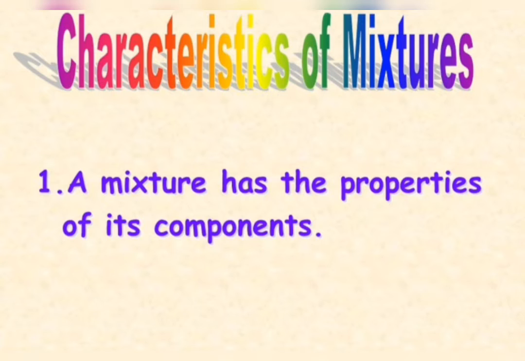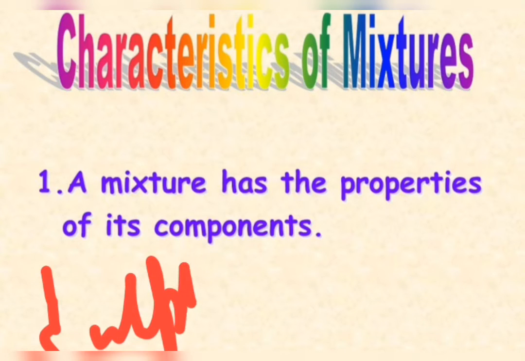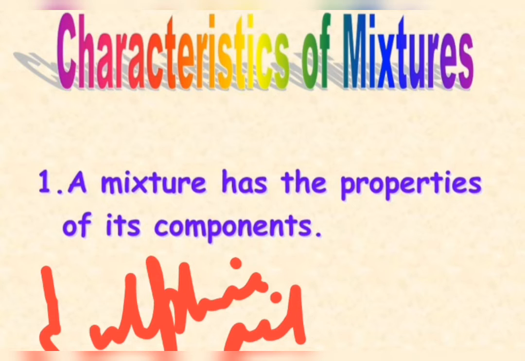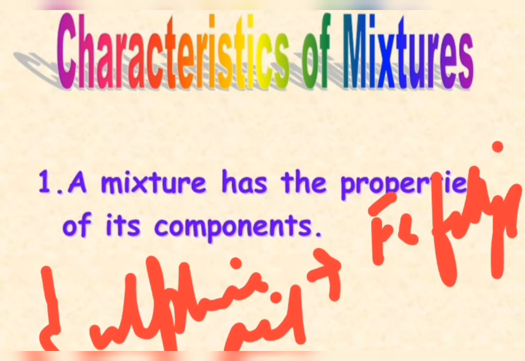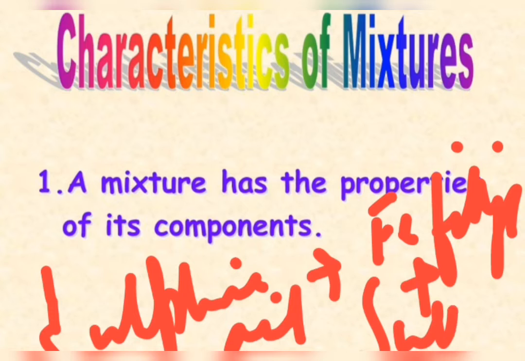So, let me tell you that a mixture has the properties of its constituents. That means a mixture shows the properties of all the constituents that are present in it. Suppose I add sulfuric acid to a mixture of iron filings and sulfur.